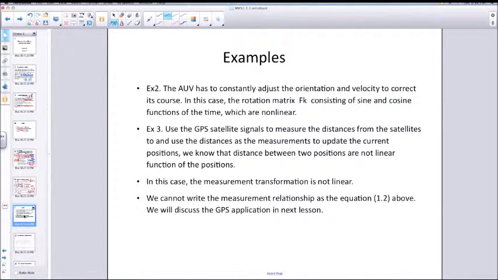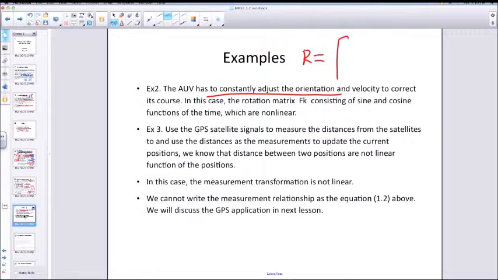The AUV has to constantly adjust its orientation because you have to avoid some obstacles on the trajectory. And when you do the maneuver and change the orientation, each time you're going to multiply a different rotation matrix. But as I pointed out a moment ago, what is the rotation matrix?